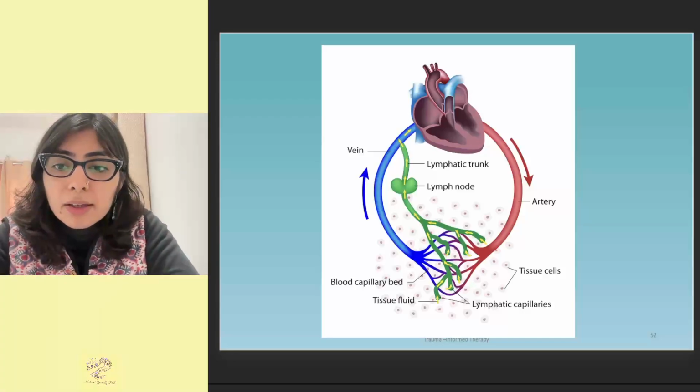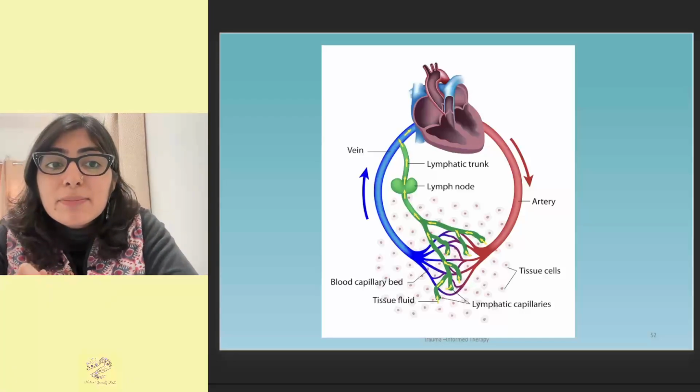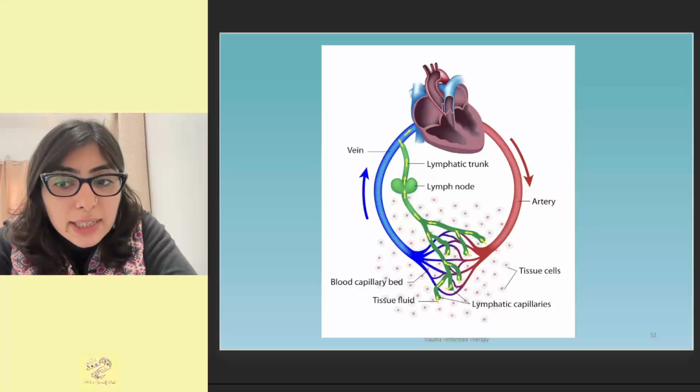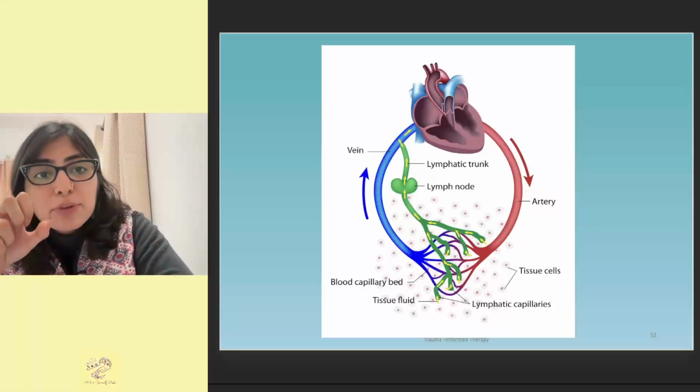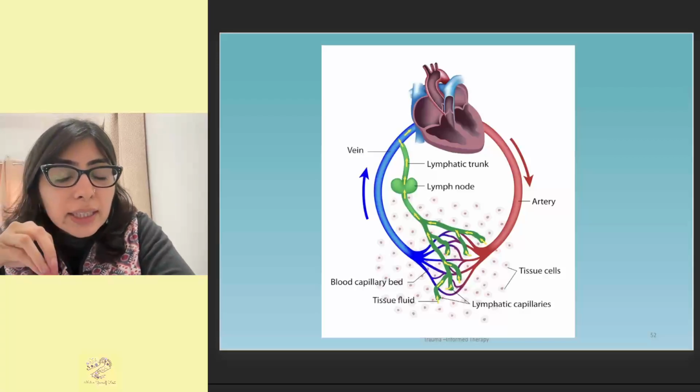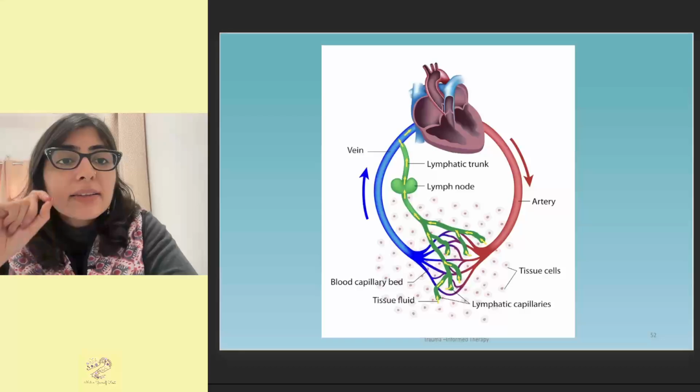Okay. And what is being cleaned? This tissue fluid. When the lymphatic capillaries absorb this tissue fluid from inside the body, it is named lymph.